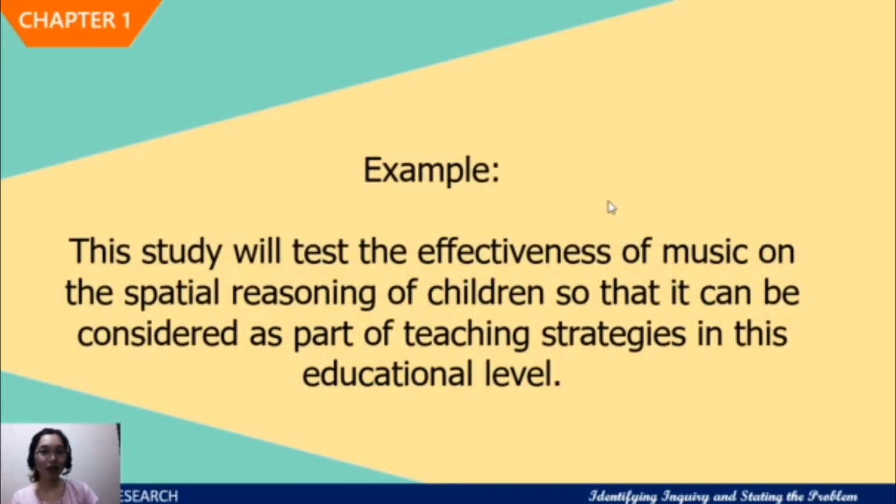So, ano ba yung effect? Meron bang effect yung music sa spatial reasoning ng mga bata? At bakit siya? Ito na yung justification. Why did you choose that study? Because you want to actually consider the music as an integral part of teaching strategies in the level of the children.